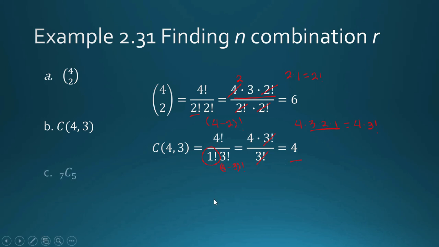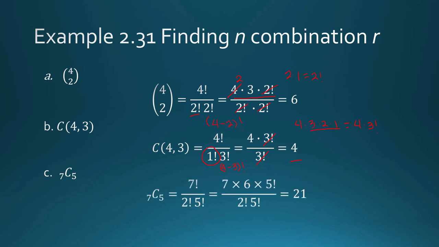We go to the next one, 7 taken 5. This is going to be 7 factorial over 5 factorial times 2 factorial. Where did the 2 come from? It came from 7 minus 5. You don't ever distribute the exclamation point to 7 and 5 like applying the distributive property of multiplication over addition. You don't do it with factorial.